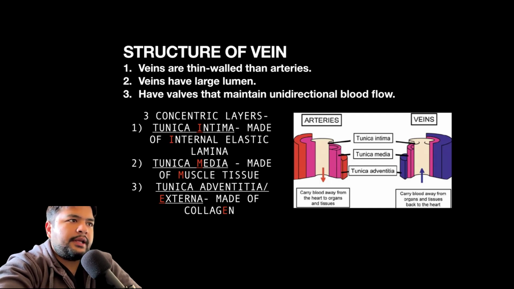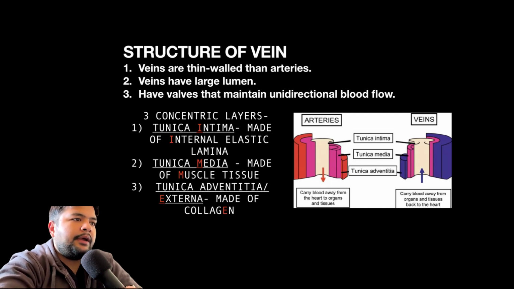There are three concentric layers, which we can easily learn by the mnemonic marked in red in this slide. Coming to the innermost layer, the tunica intima, which is made up of internal elastic lamina: I for intima, I for internal elastic lamina.